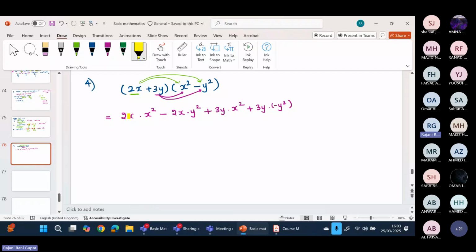So you have x and x power 2. So this gives you what? 2x power 3. Correct. Can I do something for the second term? No, it will be same. Third term.